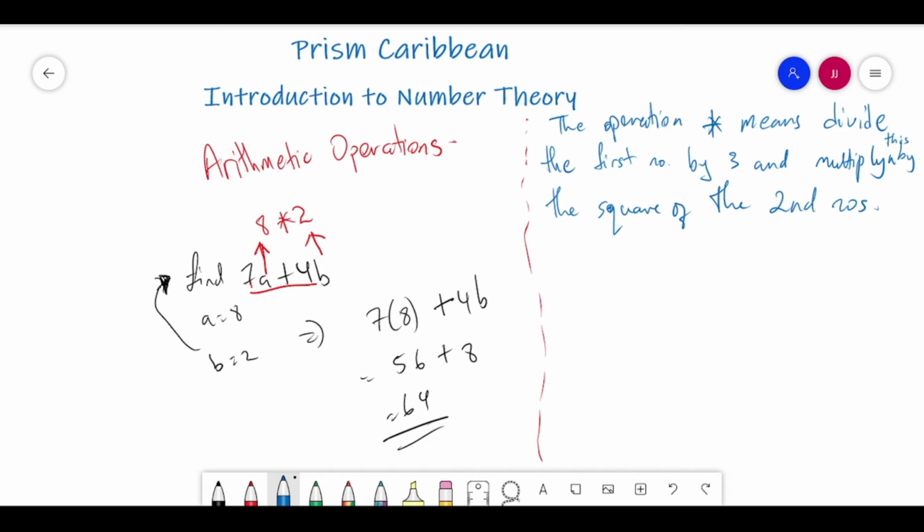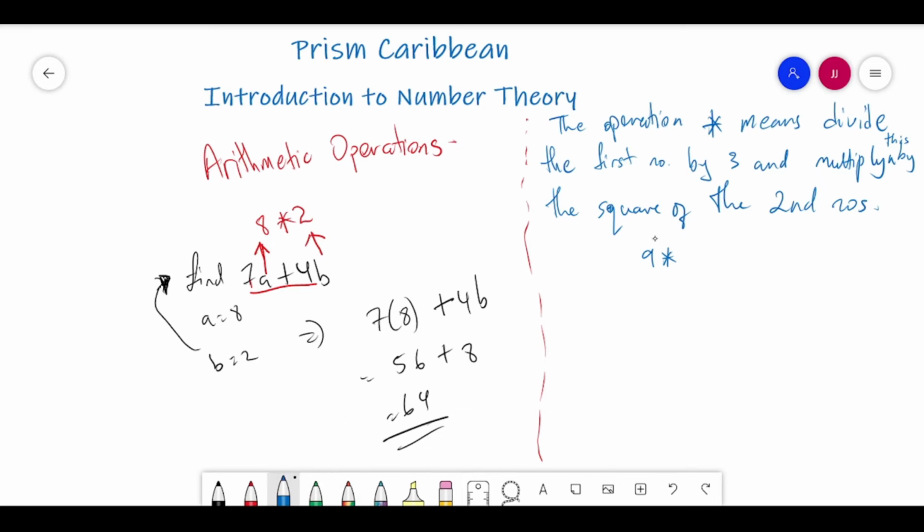So this question is: the operation asterisk means divide the first number by 3 and multiply this by the square of the second number. So let's say we have a number like 9 asterisk 2, or let's say 9 asterisk 7 to make life a bit more interesting.